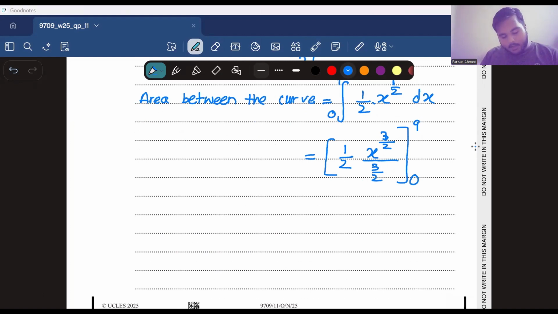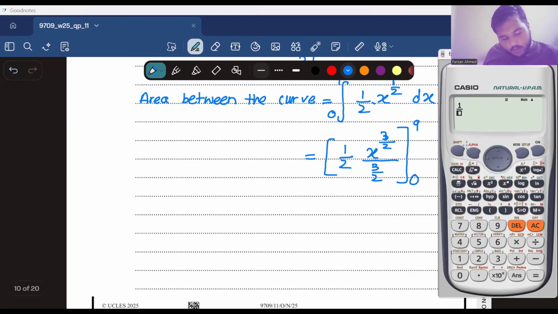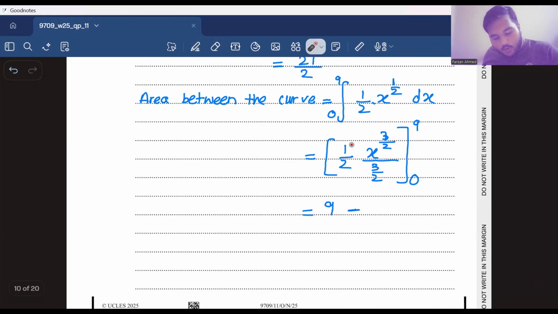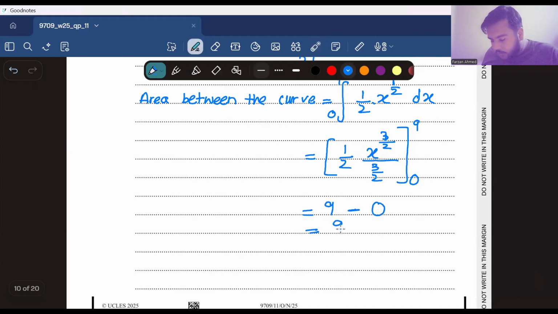So 1 upon 2 multiplied by 9 raised to power 3 upon 2 divided by 3 upon 2. The value we got is 9. And from this we subtract the value at limit 0, which becomes 0. So 9 minus 0 is equal to 9.